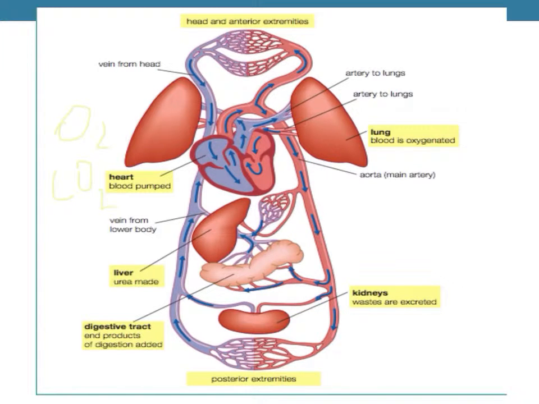And you can see here that as the blood comes into organs, so we've got the stomach there, and the kidneys here, and the liver here, that you've got high oxygen, but as they leave here, you've got low oxygen and high CO2.